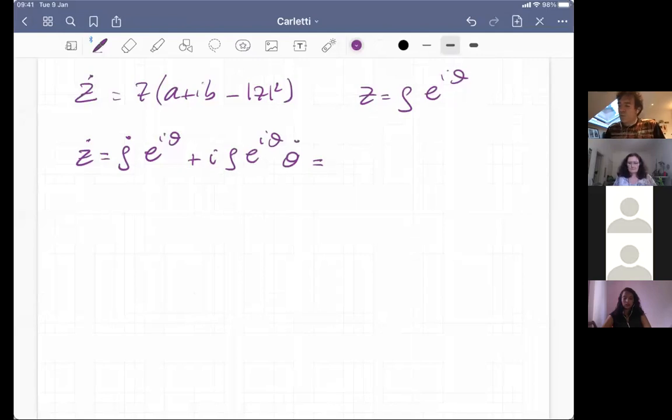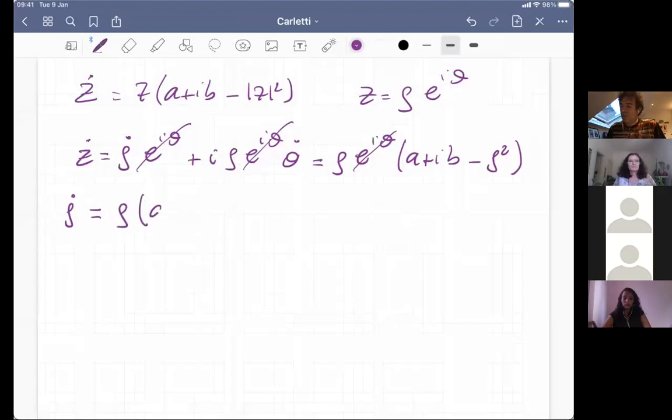So you have rho e to the i theta times (a plus i b minus), and the modulus of z squared now is just rho squared. Okay, so you can observe that you can simplify the exponential on both sides. And again, you factor terms that are real or purely imaginary. So in the real part, you have rho dot equal to, on the right-hand side, rho times (a minus rho squared).